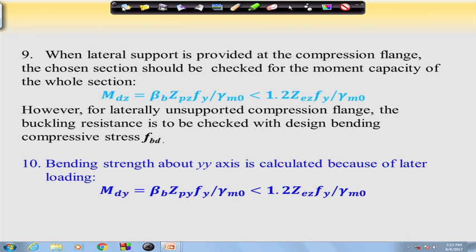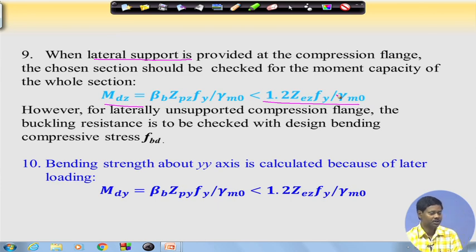Now, if lateral support is provided at the compression flange, then we can find out the bending strength of the section as MDZ is equal to beta B ZPZ Fy by gamma m0, and it has to be less than or equal to 1.2 ZEZ Fy by gamma m0, right.